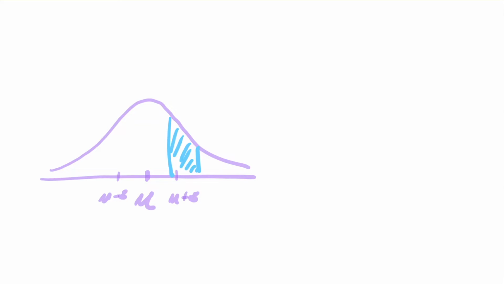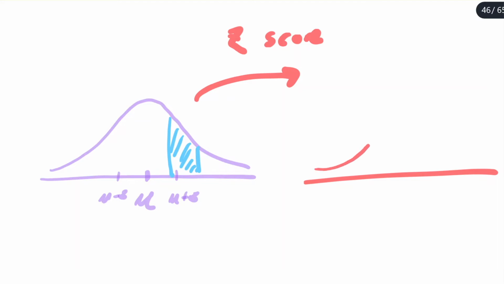So what we do is we standardize, make it a standard normal distribution, by using the z-score. And when we convert to this standard normal distribution, the mean is 0 and the standard deviation is 1.